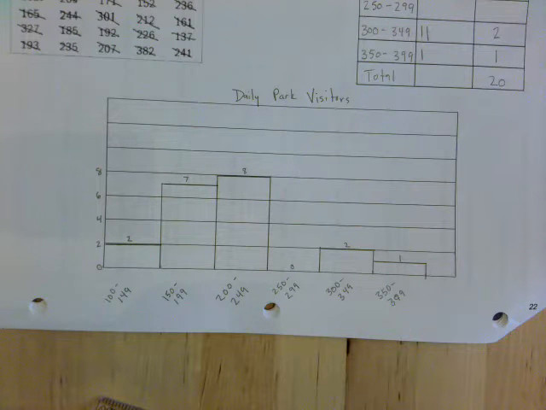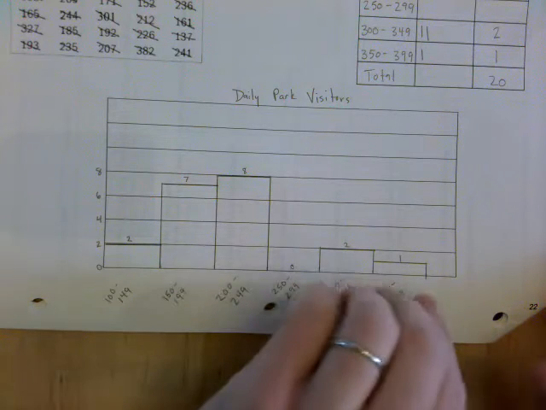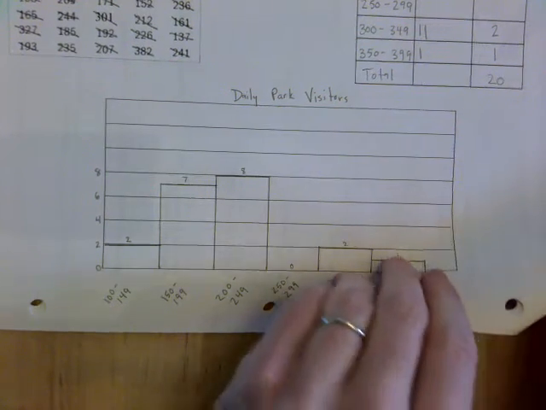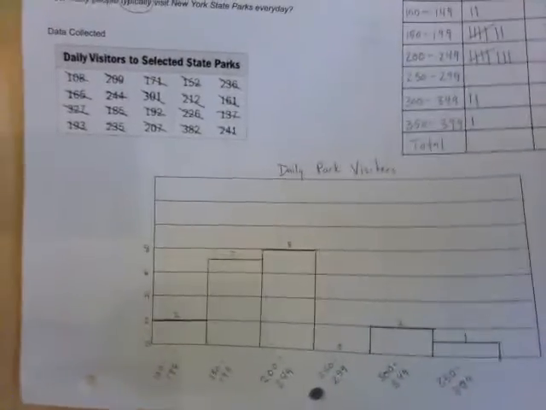Okie dokes. What we're going to do now, and you'll be able to see this better on your packet than mine, I'm going to open up the packet so I can look at both the graph and the page with the questions that are going to help us describe the graph. So you probably won't be able to see both of mine all at once, but I'm going to try my best to go back and forth between the graph and the questions.